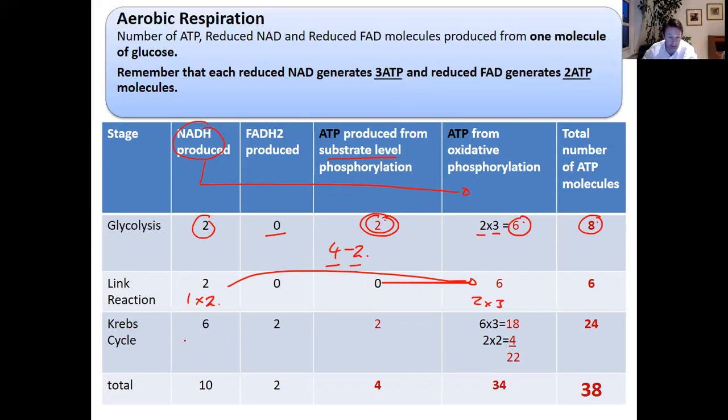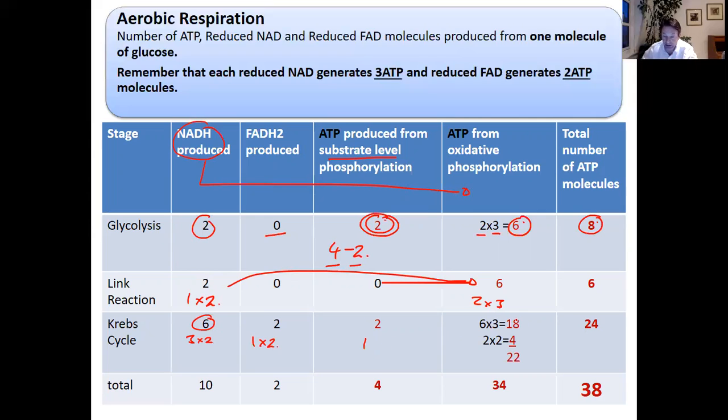Krebs cycle, we're going to produce 3 NADH, and we're going to do it twice, because there's 2 turns of the Krebs cycle for every glucose. So this ends up producing 6 NADHs. We're going to produce 1 FADH, but we're going to do it twice. And we're going to produce 1 ATP from substrate level phosphorylation, but we're going to do it twice.